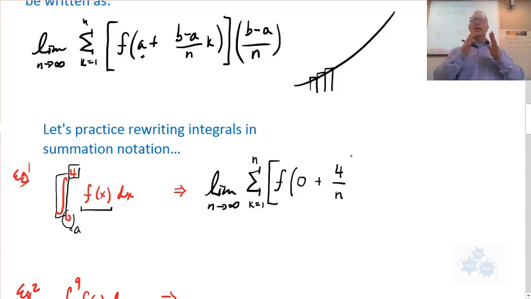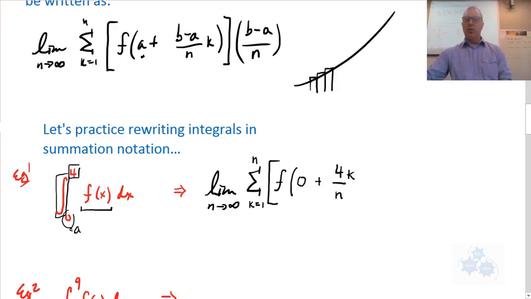So again, in order to get the width of the rectangles, we need to take the whole interval, 4, and divide it by n. And along the way, we're going to have one rectangle, then 2, then 3, then 4, then a billion, then a trillion, and then near infinite, right, as they get smaller and smaller. So as n approaches infinity, the width is going to approach 0, but it's going to be 4 over n wide. And then we just write a k there.